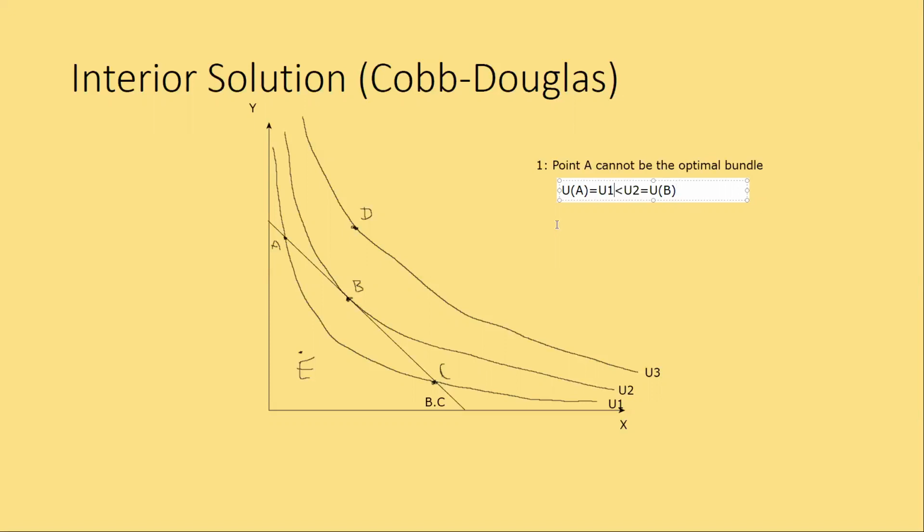So for U1, I can find a point, and in this case it is point B. And what is special about point B? Sorry, let me redo this again.